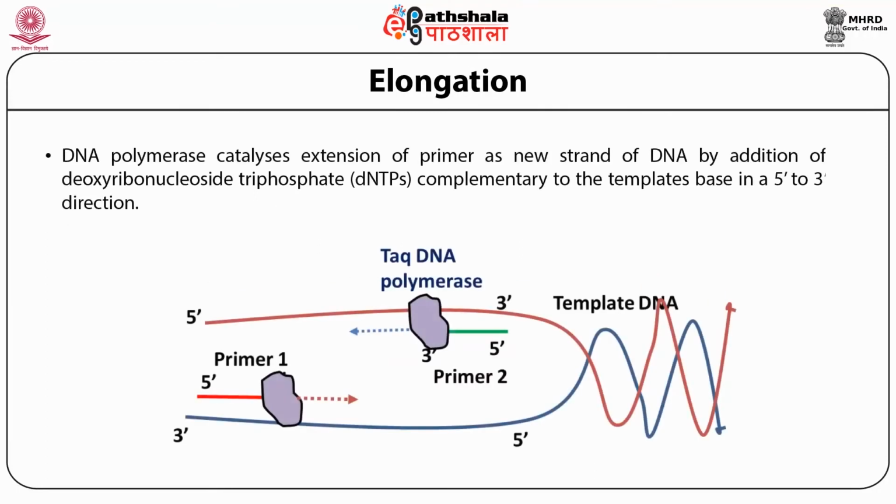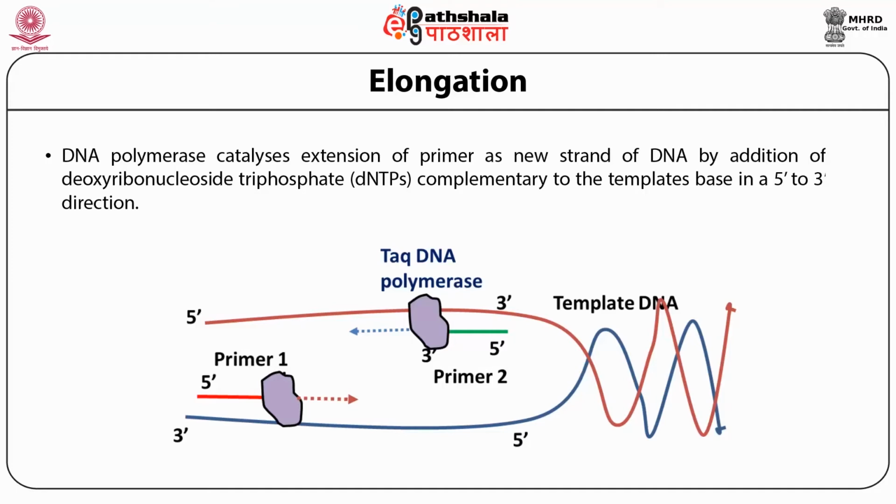This is the step where the polymerase attached to the primer-template hybrid starts extending the new strands of DNA by adding specific nucleotides, that is dNTPs, which are complementary to the template strand, into the developing strands. That's why this step is called the elongation step.